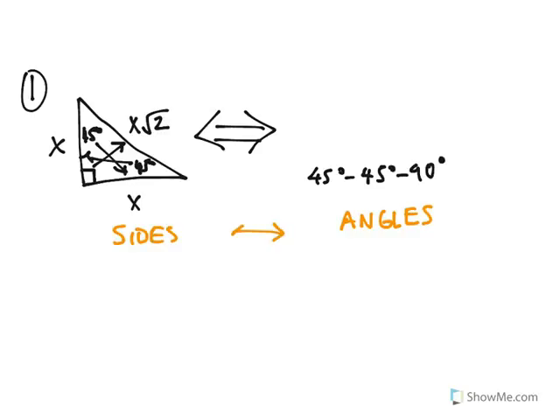So this here is the relationship between the sides and the angles in a 45, 45, 90 triangle.